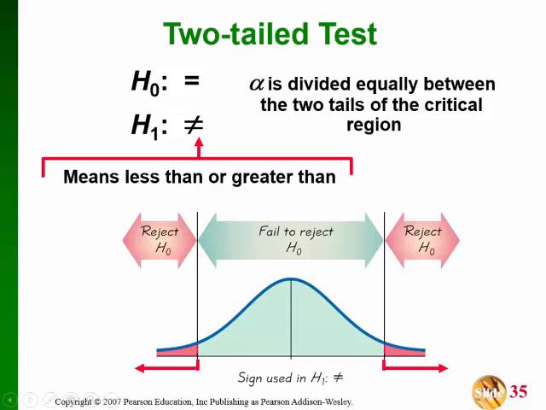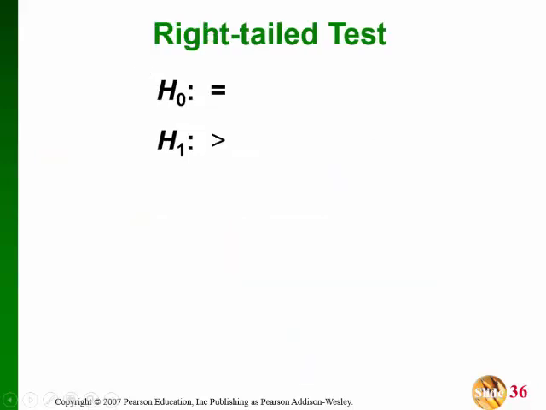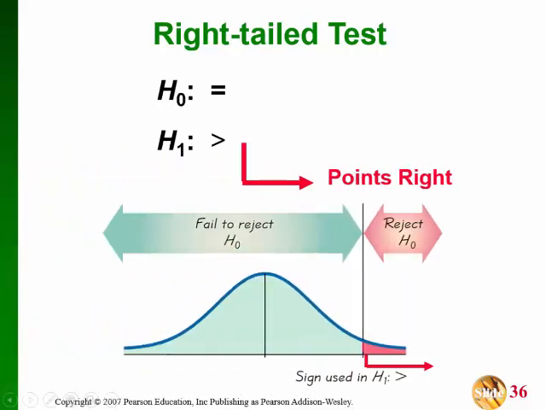You have two tails here. If it's a one tail, then you're either going to shade the one on the right or the one on the left. An easy way to do this is to look at which way your alternative hypothesis is pointing. If your alternative hypothesis is greater than, it points to the right, it's going to be a right tail test.